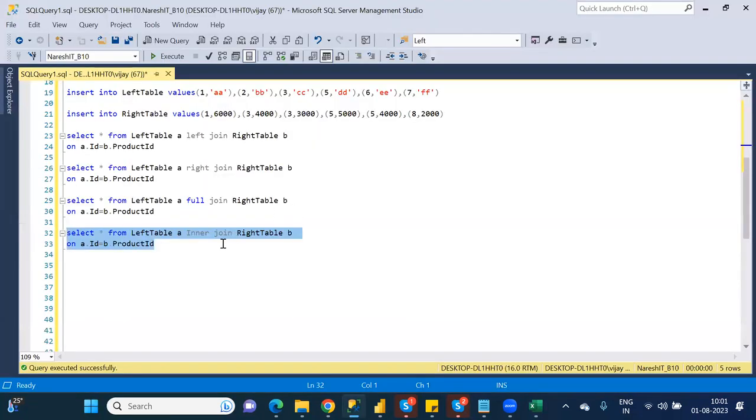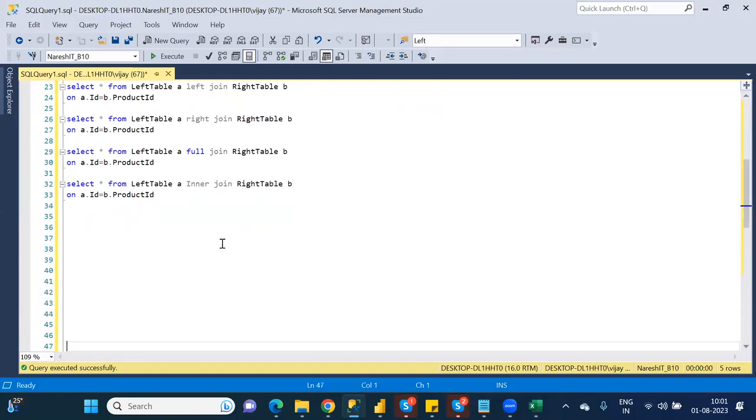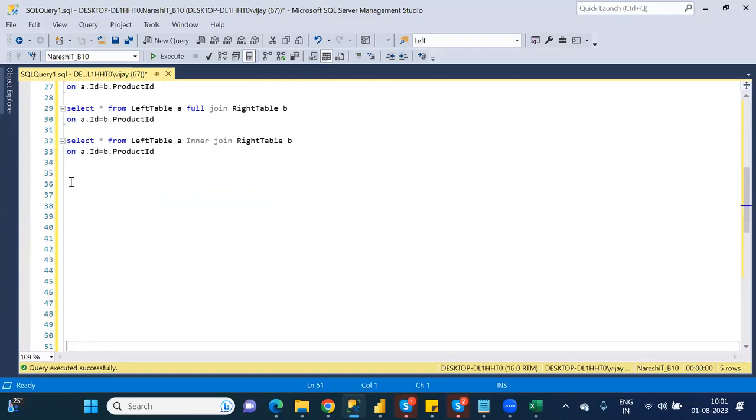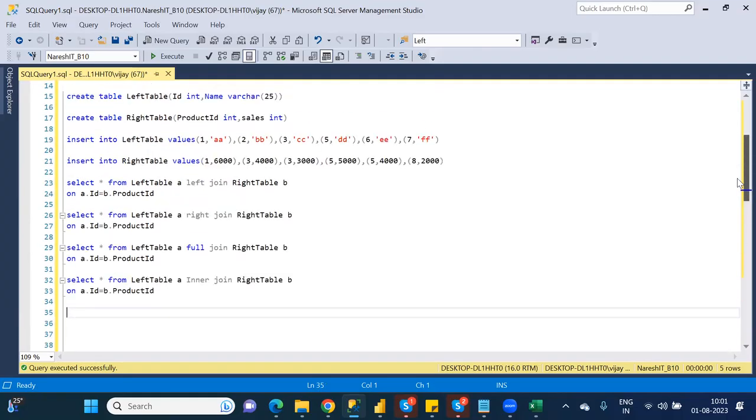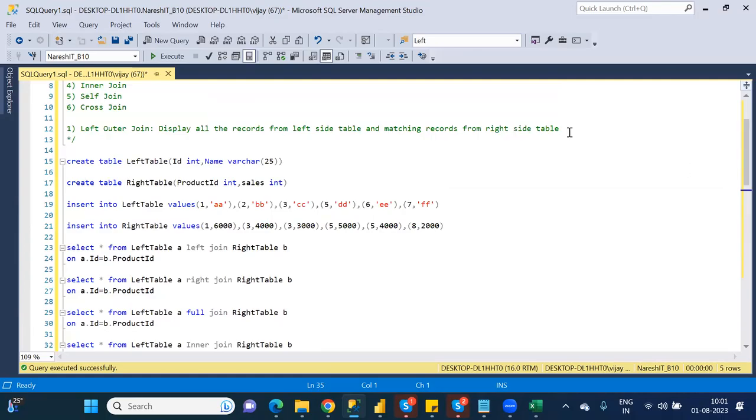Next one. What is that? Self join. What is self join? See. Okay. I need to put it like this.